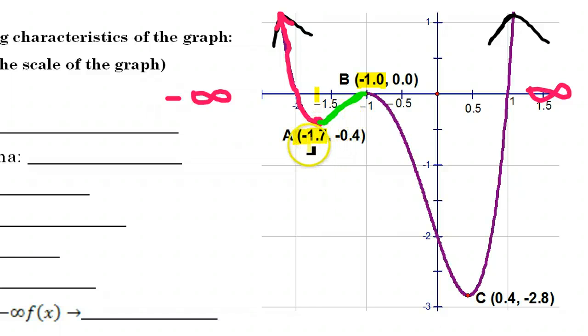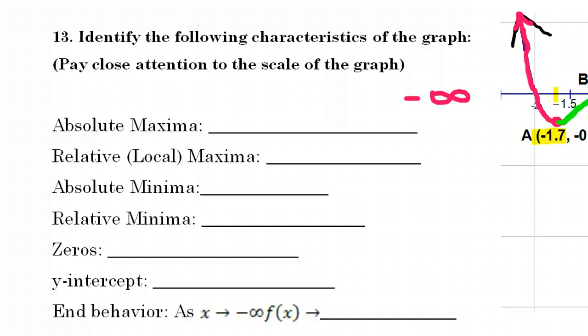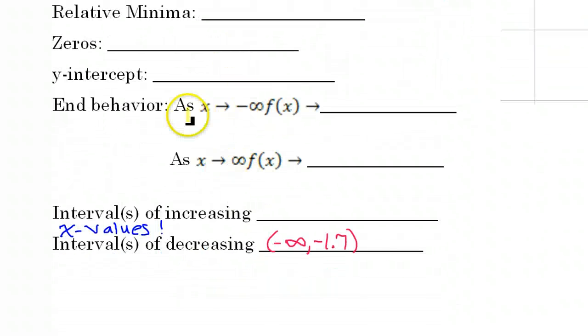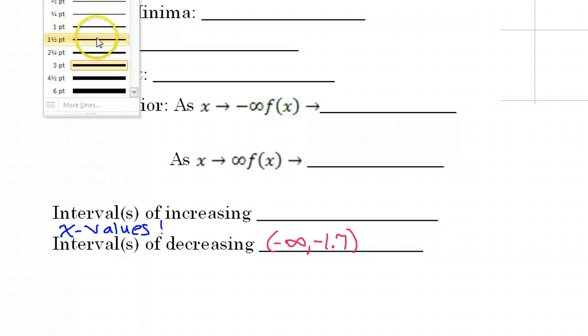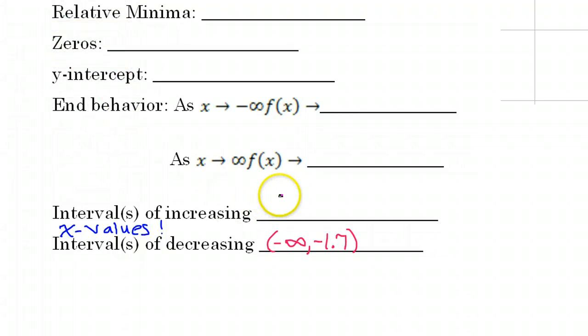So we're talking about from negative 1.7 to negative 1 is our first increasing interval. Negative 1.7 to negative 1.